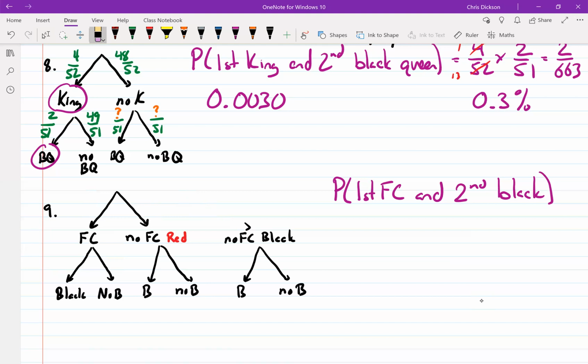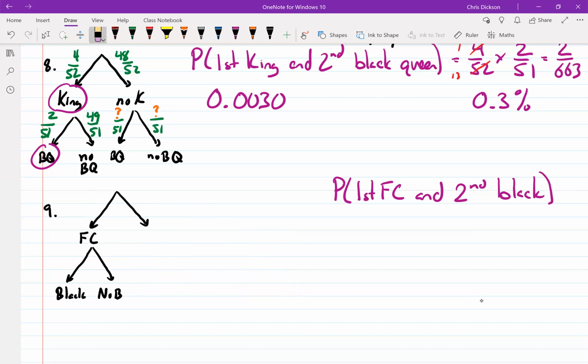Okay, so I need to be a bit more careful how I set this diagram up. So I get face cards that are black. Face cards that are red.